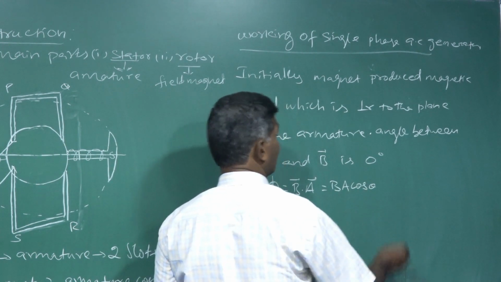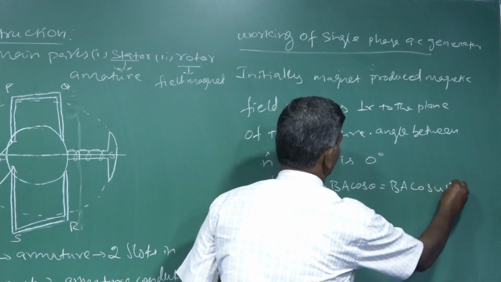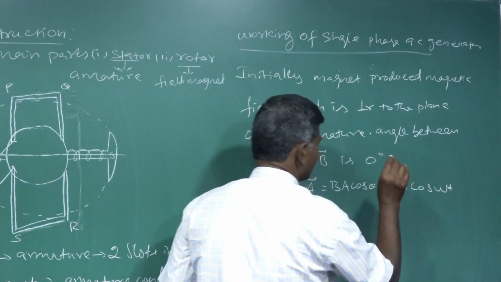It can also be written as BA cos omega t, where omega t is theta.